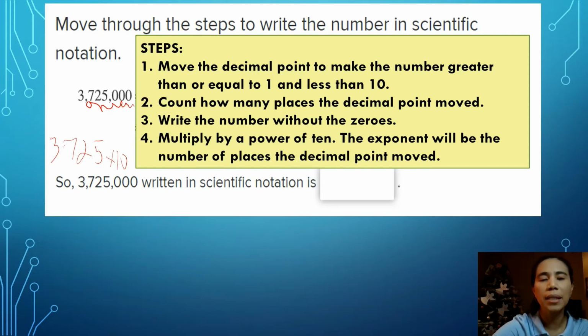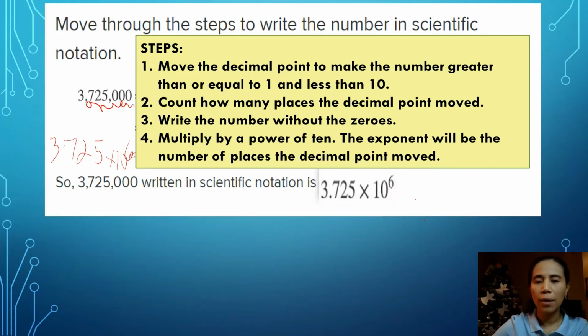So 6 places. That means it is 10 to the 6th power, right? So that is our correct answer: 3.725 times 10 to the 6th.